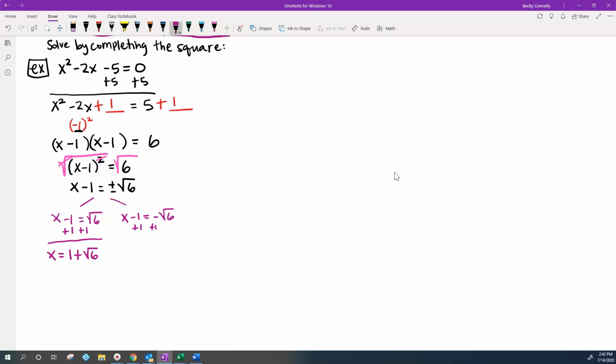It's not wrong if you put square root of 6 plus 1, but sometimes when students don't put the number in front, they make a mistake with which number has the negative. So on this one, positive 1 minus the square root of 6. You could write it as negative square root of 6 plus 1, it's the same thing, but sometimes it's just better to write it that way.